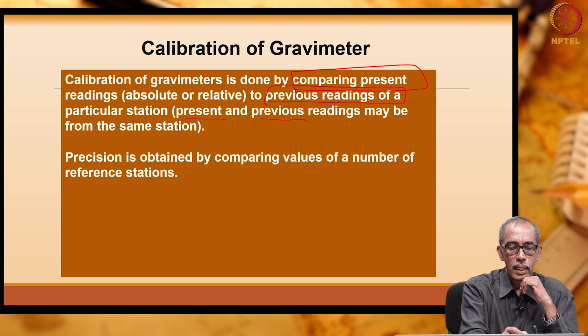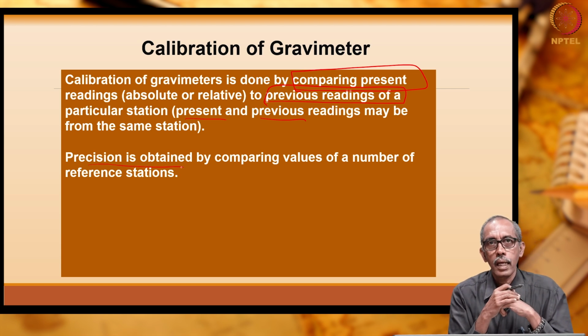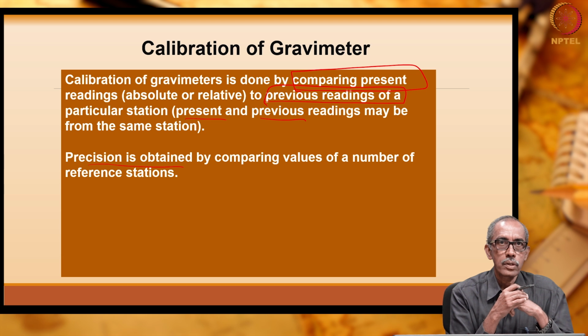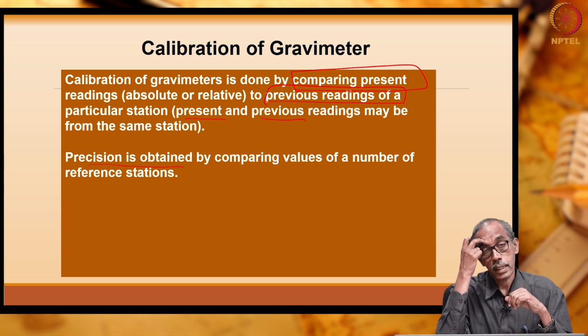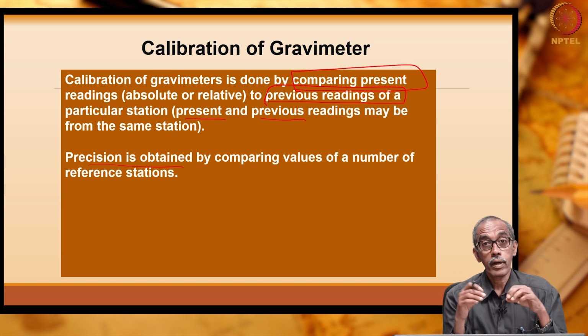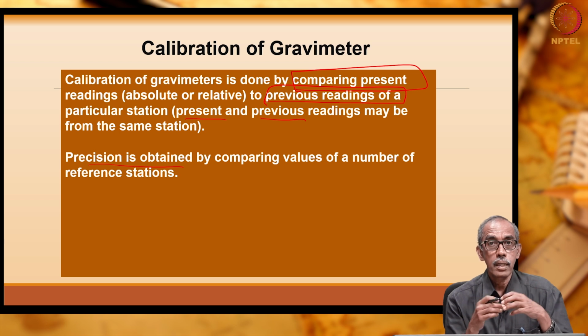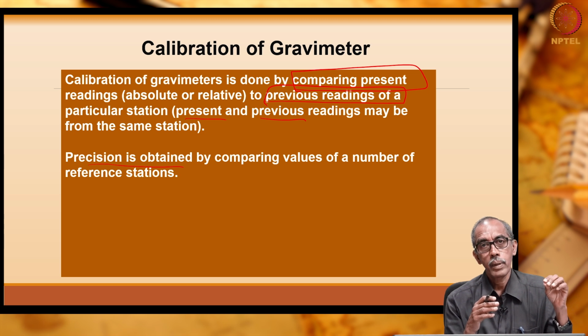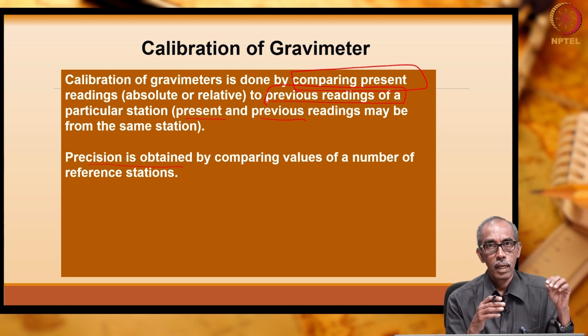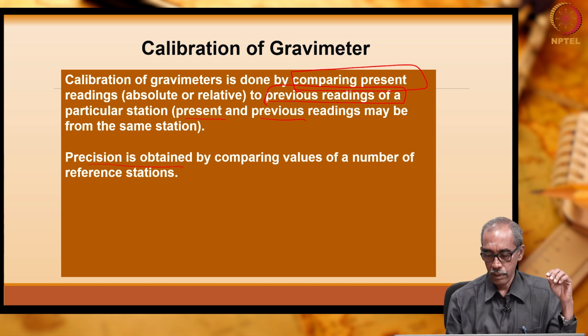However, precise calibration can be obtained by comparing the values of a number of reference stations. You may have a number of reference stations around you, especially in meteorological departments, especially in India, the IMD, in many stations they have the gravity readings measured and also published at different times. So, we can go and verify whether our gravimeter shows the same value by taking it to the gravity stations.